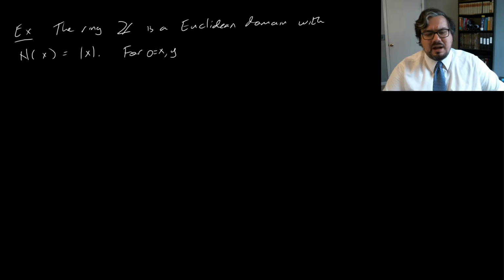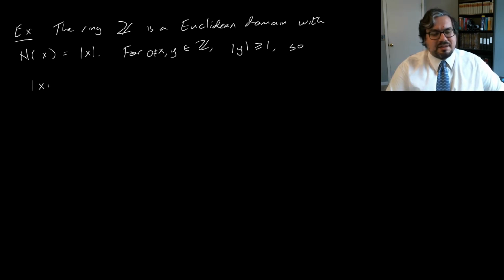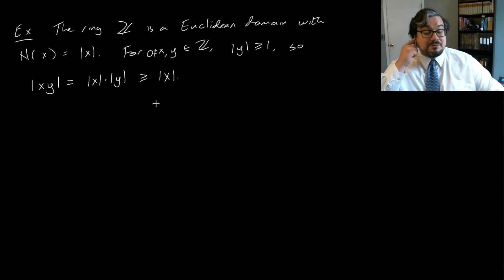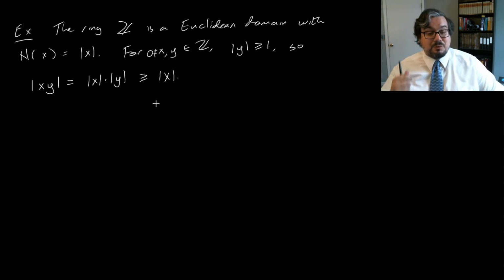For non-zero x and y in Z, we have that the absolute value of y is at least 1. So we have that the absolute value of xy is equal to the absolute value of x times the absolute value of y, which is greater than or equal to the absolute value of x, because the absolute value of y is at least 1. So we satisfy the first condition fairly well.